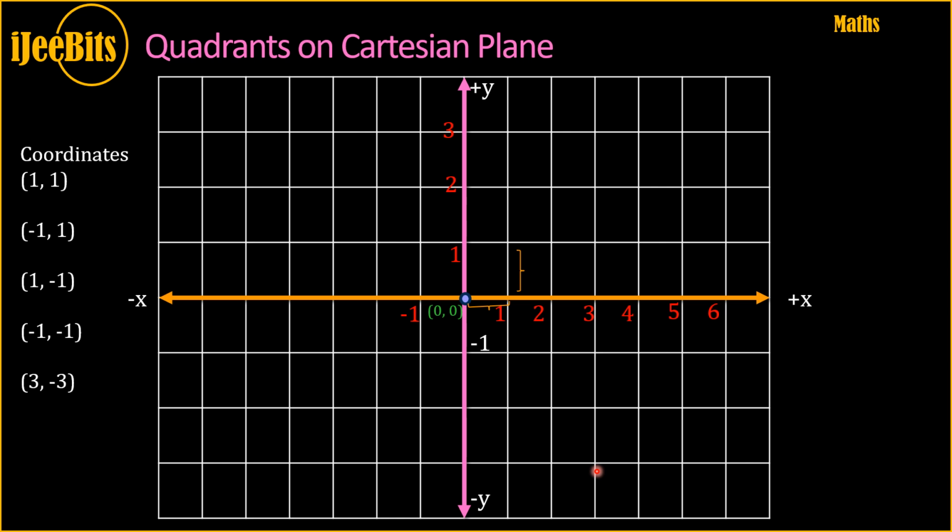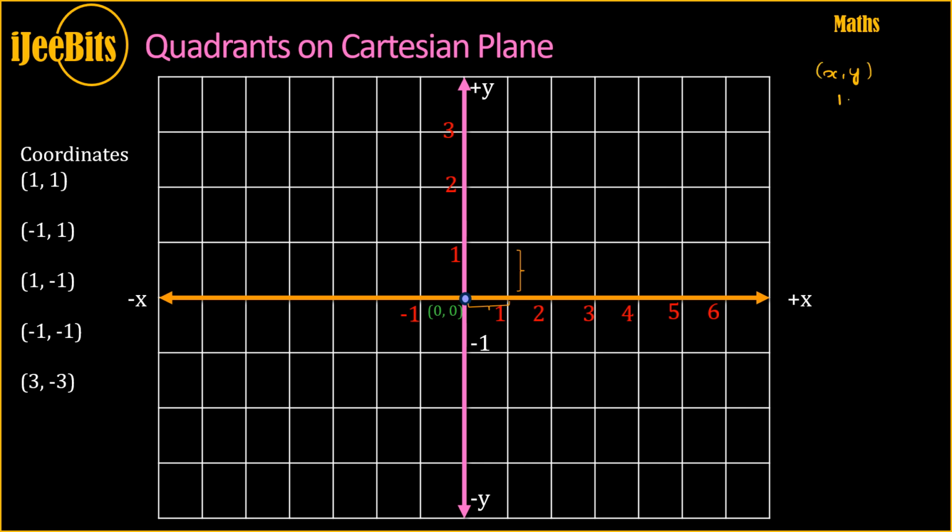Next is coordinates. How do you represent coordinates on the Cartesian plane? Let's say we are representing (1, 1). This is the x point, this is the y point.